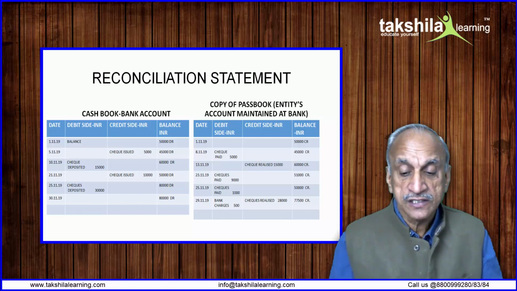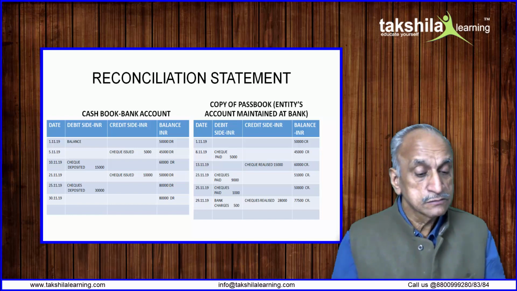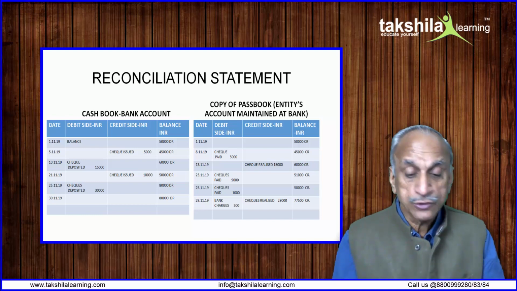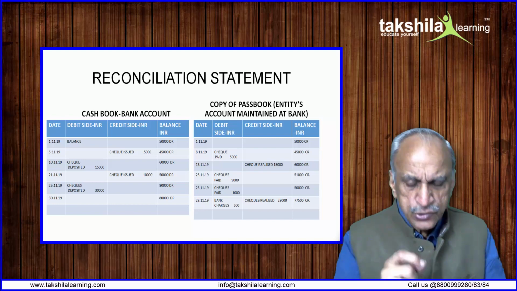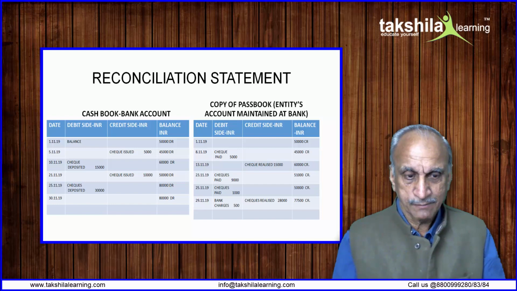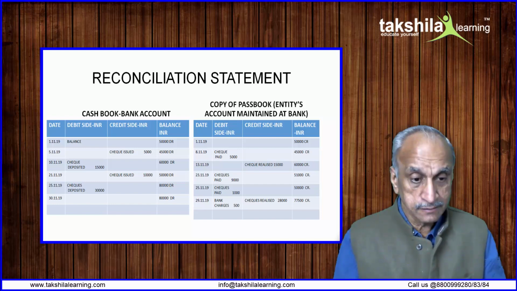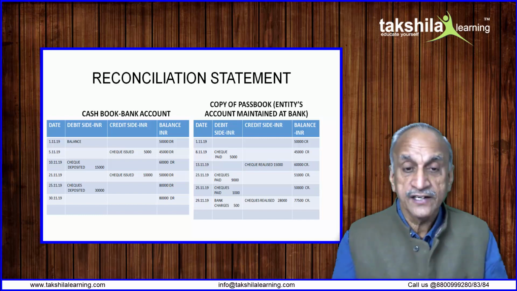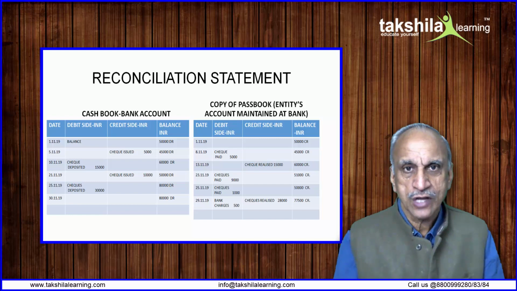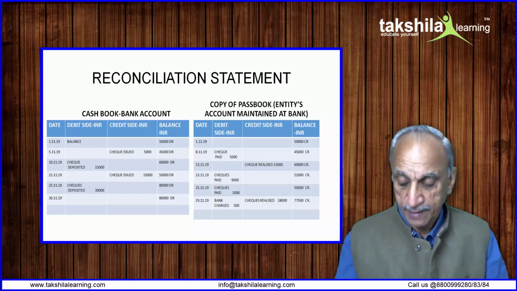And a check again deposited for 30,000, but only 28,000 has been credited so far, that too on the 29th. So it took four days to credit 28,000. A balance of 2,000 is still there. But in addition, you see that the bank charges were put on the 29th. Perhaps the information has not reached the businessman, so he has not entered it in the cash book. Because of this, the net difference is 2,500.